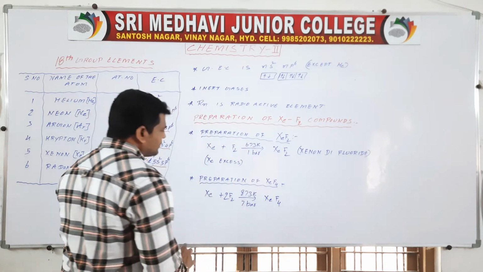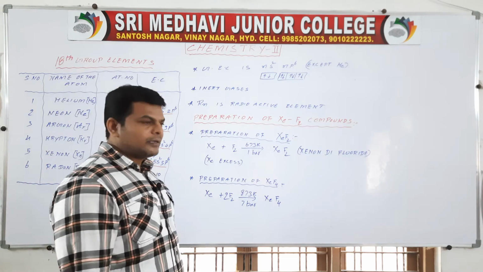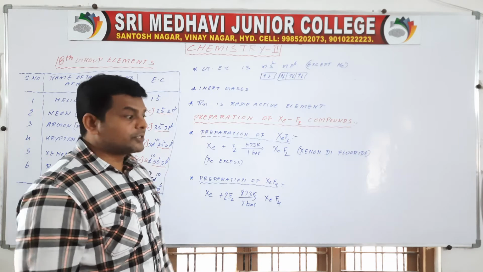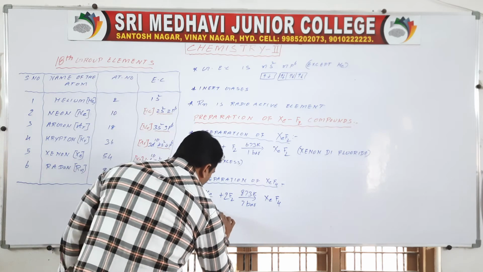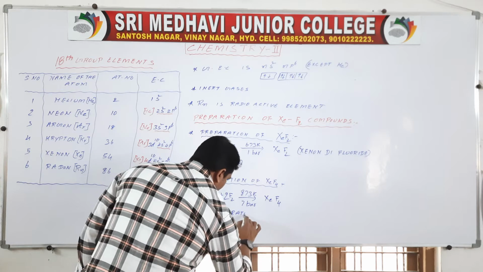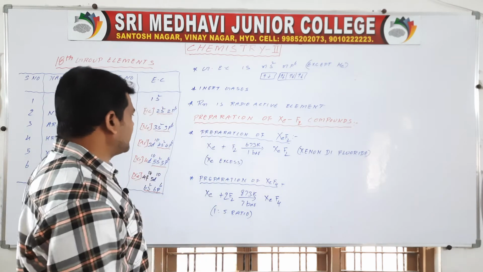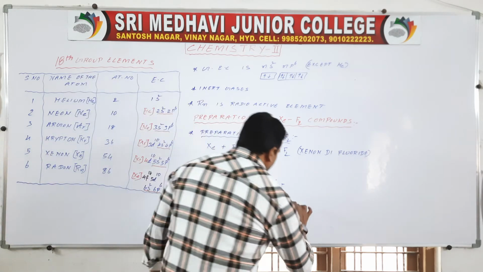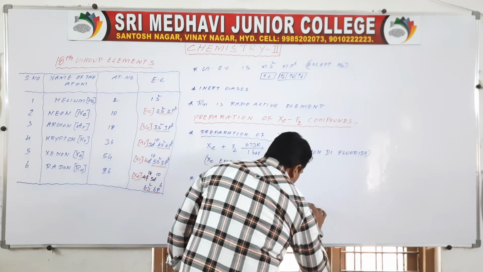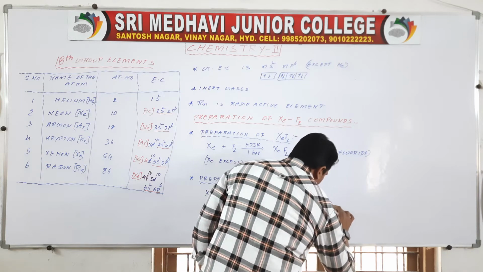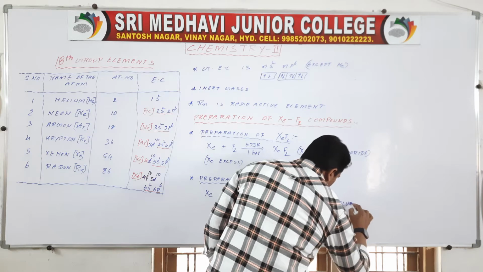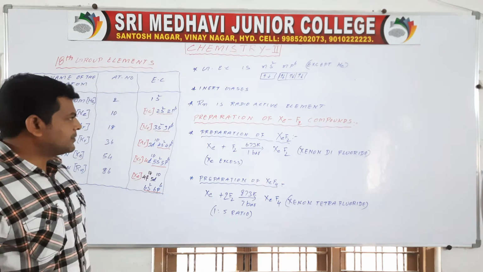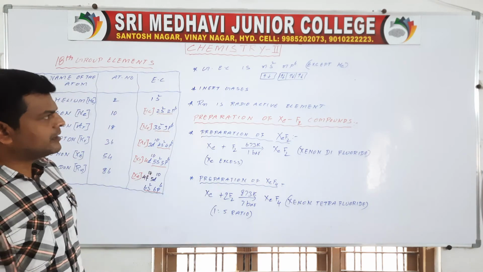Here we have to take a 1:5 ratio of xenon and fluorine. So this is the preparation of xenon tetrafluoride.